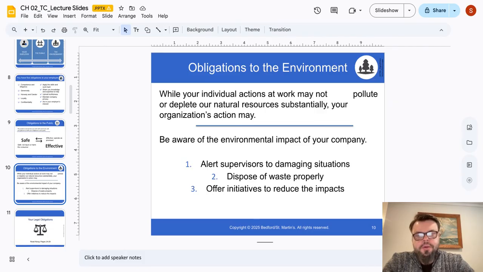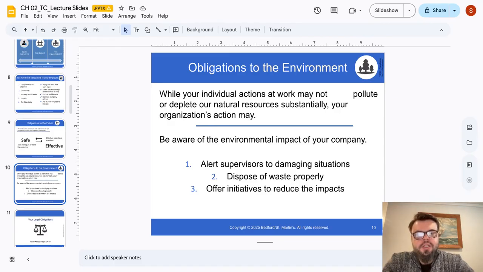The chapter argues that communicators should treat actual or potential environmental damage seriously. That means alerting supervisors to risks, participating honestly in environmental documentation, and not using vague or misleading language to minimize harm. This obligation is especially challenging because environmental protection often conflicts with short-term cost savings.